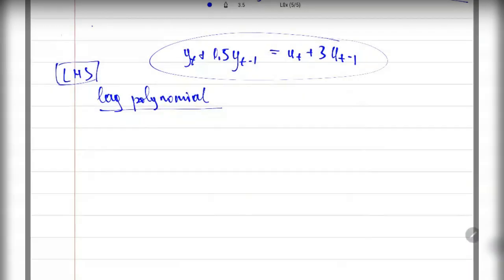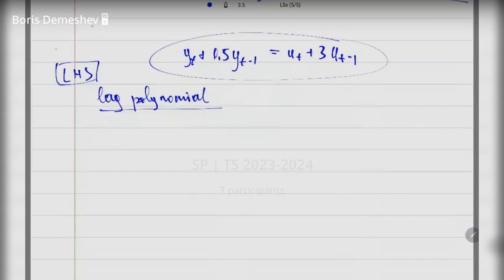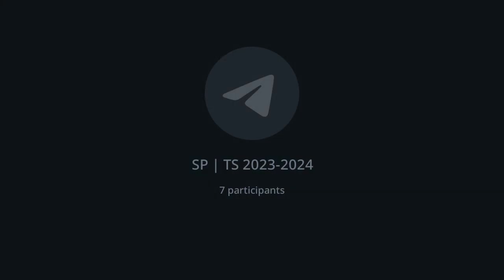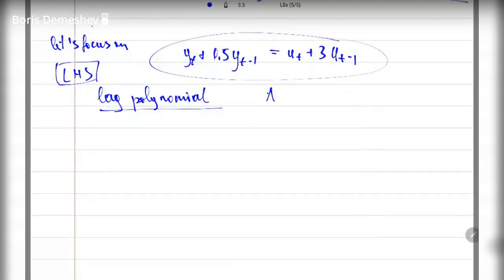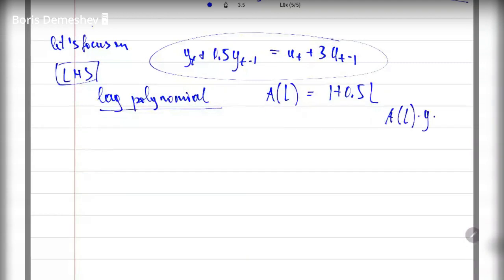Let's focus on the left-hand side, because for the right-hand side we have the same thing. If I consider the left-hand side, I have the lag polynomial a(L) that is 1 plus 0.5 L. That's fine. So I can write the left-hand side as a(L) times y_t equals blah, blah, blah. So we focus on the left-hand side only.